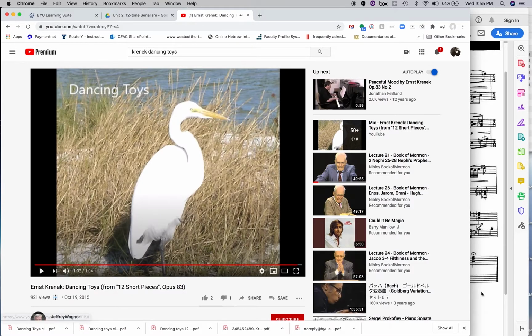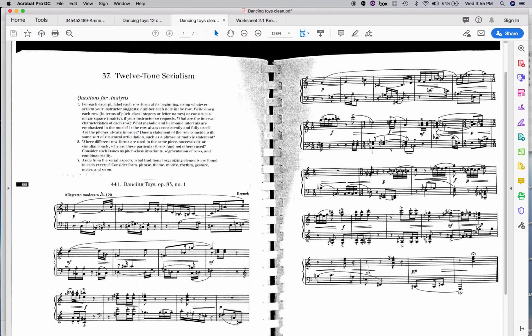Now, I was going to say, there's lots we could talk about with this piece. I mentioned, again, that neoclassical transparent texture with fairly straightforward periodic rhythms, meaning rhythms that have a beat, essentially, that we didn't find so much with the free atonal music that tends to be rhythmically much more fluid and harder to resolve to a steady beat.